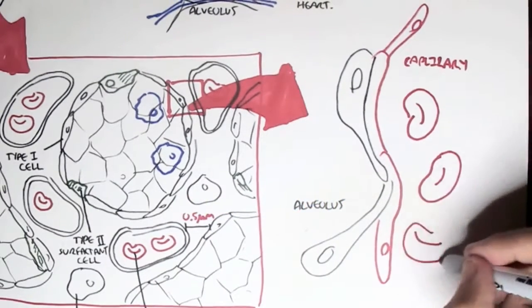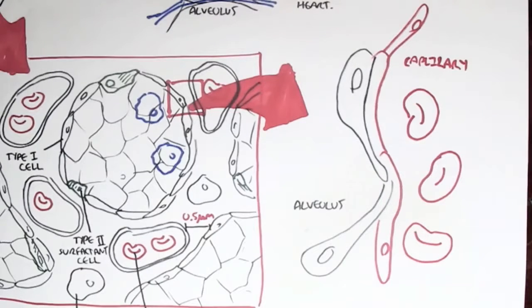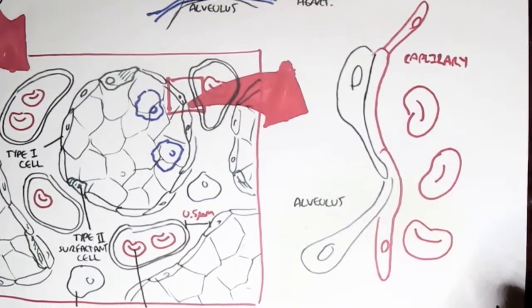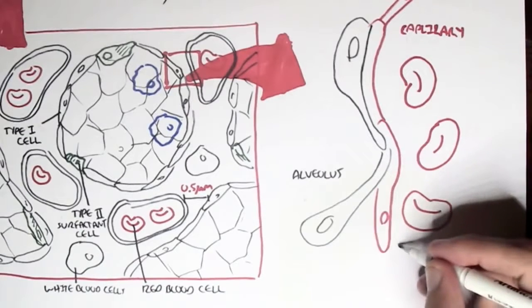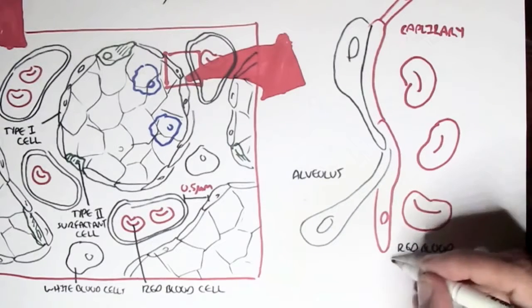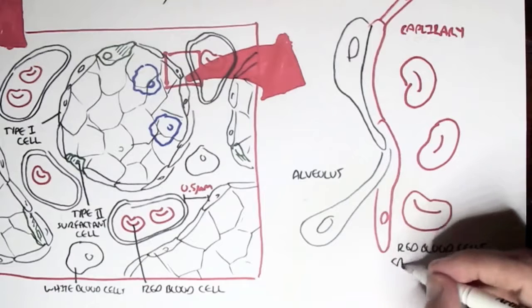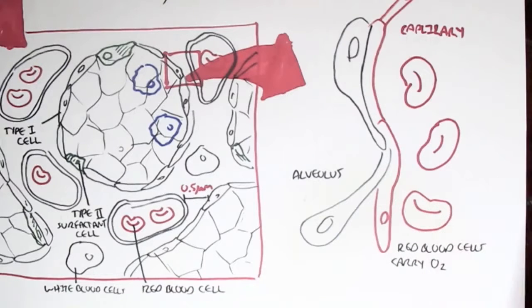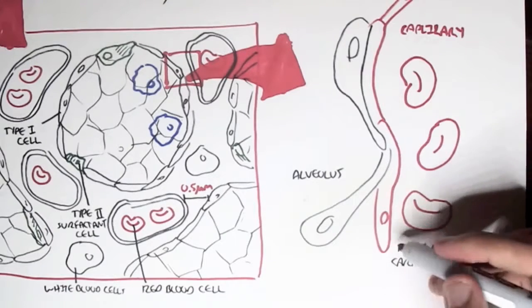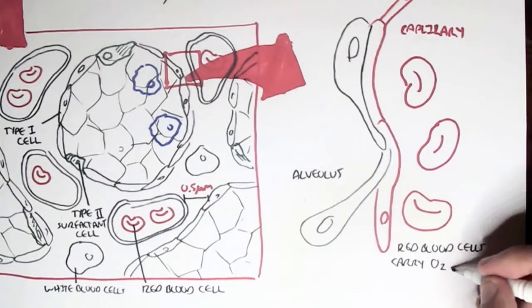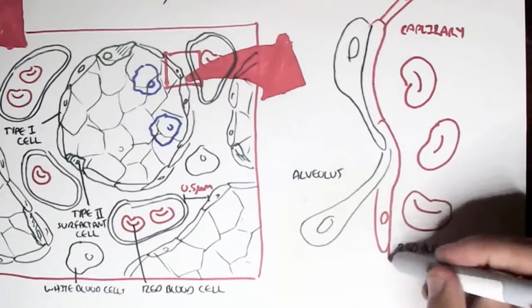Carbon dioxide also requires red blood cells in order to travel around the body, but carbon dioxide only requires red blood cells so that they can convert carbon dioxide into what's called bicarbonate, and carbon dioxide therefore travels throughout the body through a chemical known as bicarbonate.